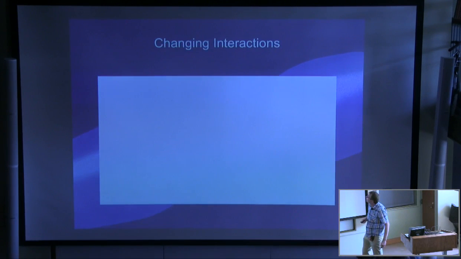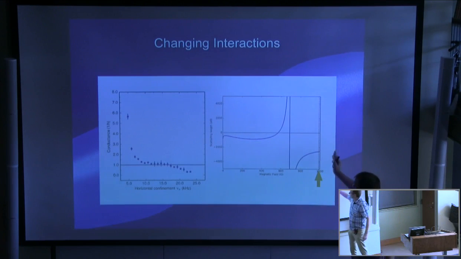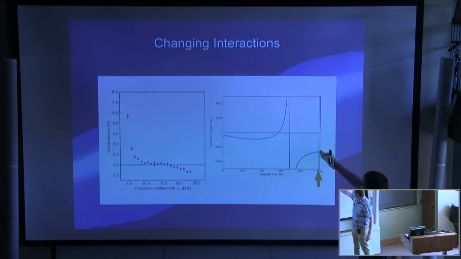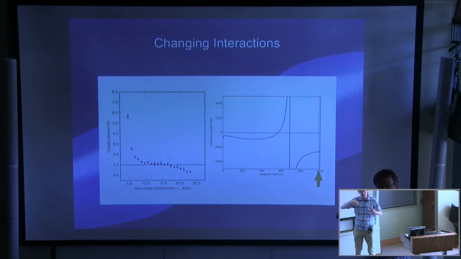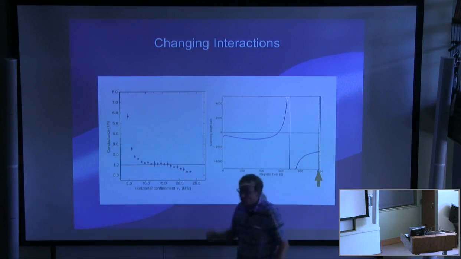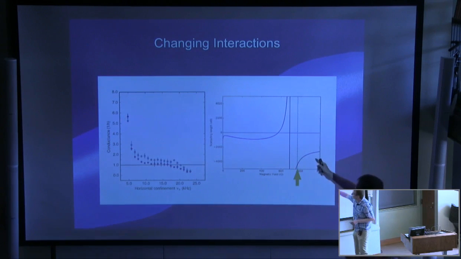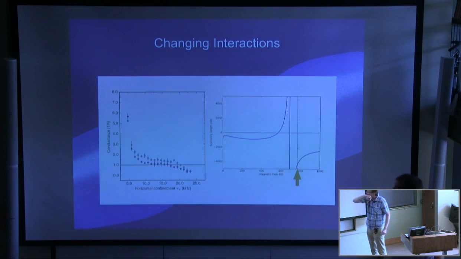Now you can also change the interaction in the experiment. We could just scan on the Feshbach resonance and, for example, go very much on the BCS side with fairly weak interactions. There we again see a conductance plateau at 1/h. Then we move closer, and that's where we got surprised.